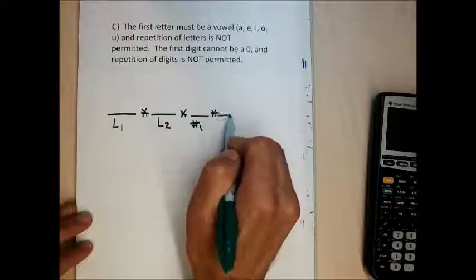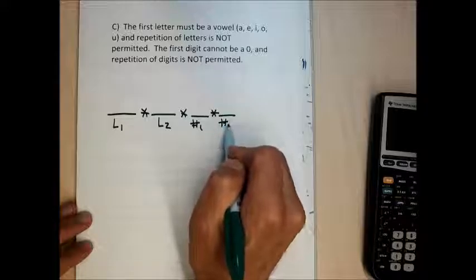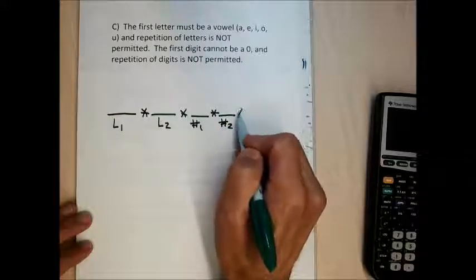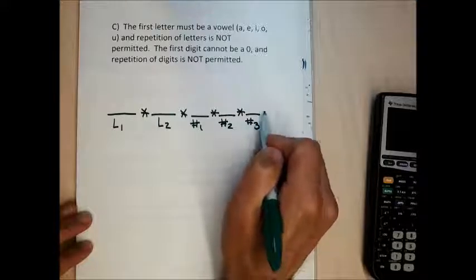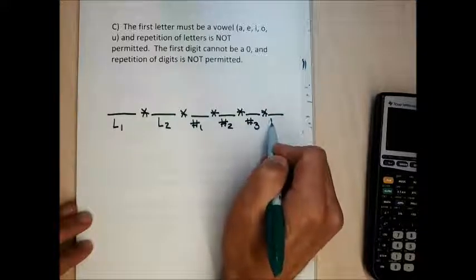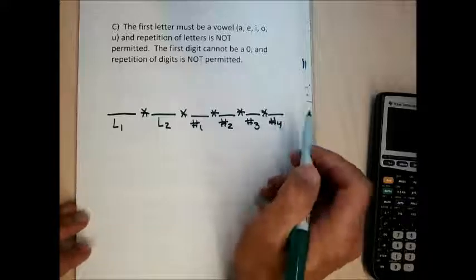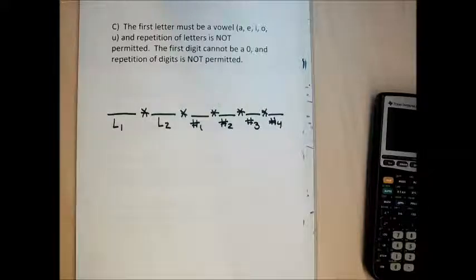And I'm considering these 6 separate experiments. Each time I pick a letter, it's considered a separate experiment. Each time I pick a digit, it's considered a separate experiment. So for each part of this, I'm doing the same setup.